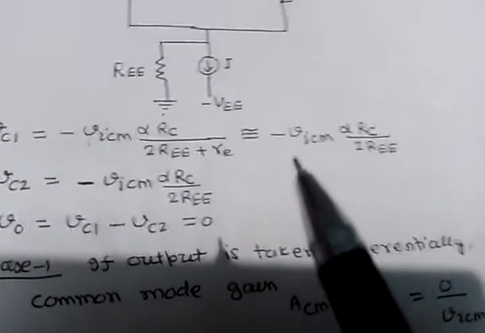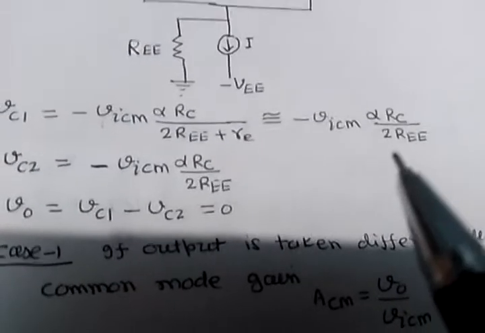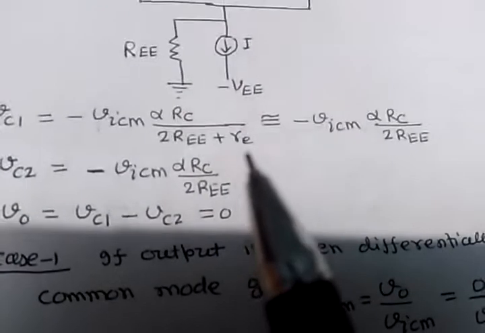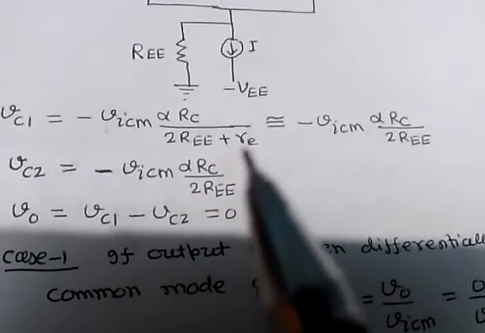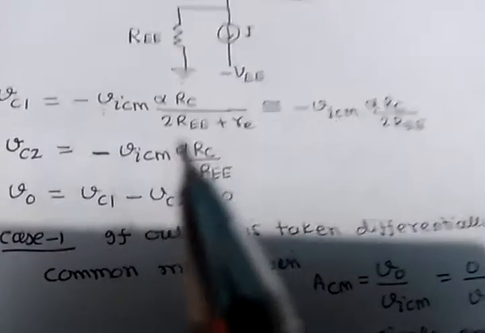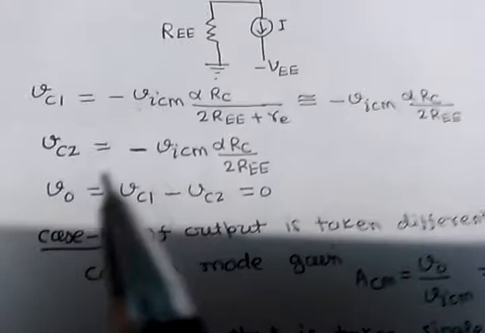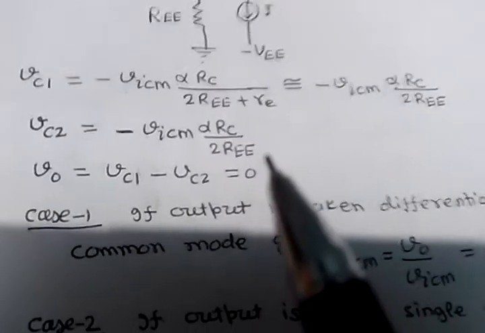So VC1 we can write minus VICM alpha RC upon 2 REE, because small re, the input resistance looking into the emitter, is very less in comparison to the REE, external resistance. Similarly, we can write VC2 equals minus VICM alpha RC upon 2 REE.